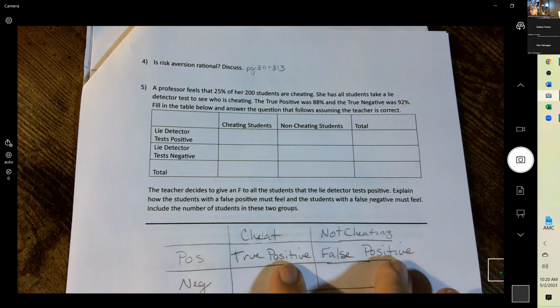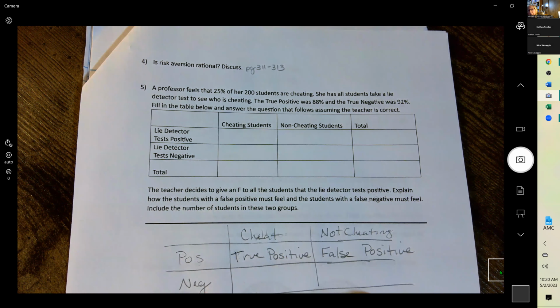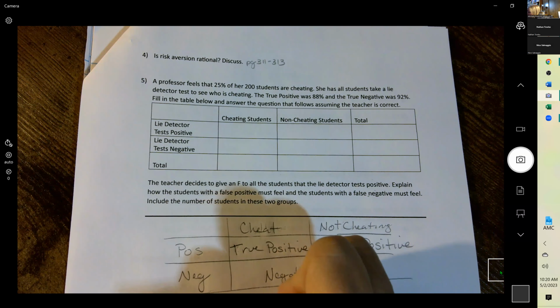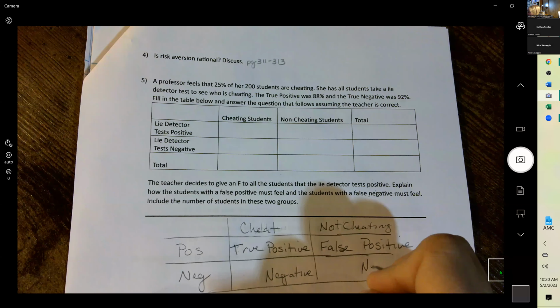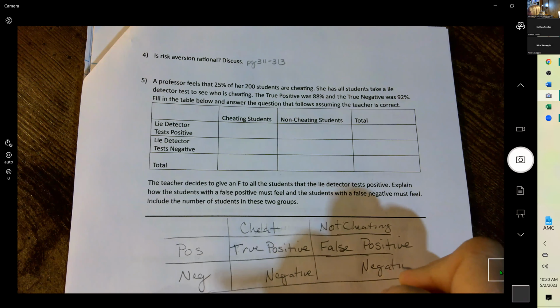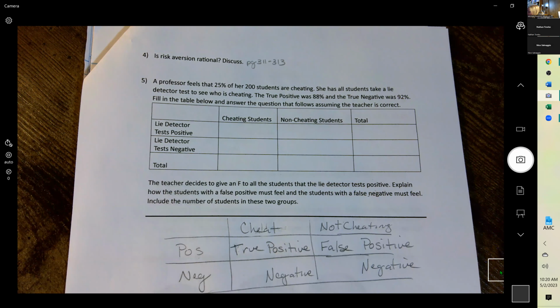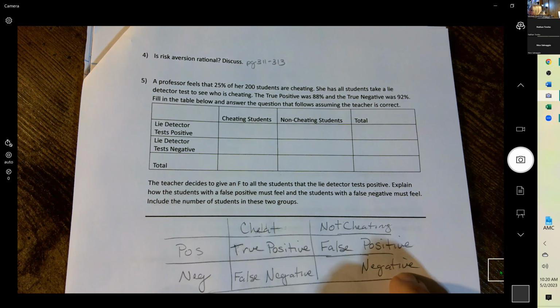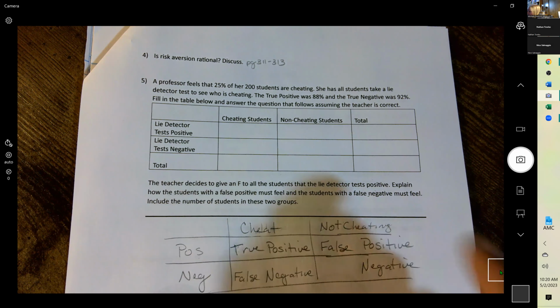So the positives go across and the negatives. You tested negative, but you cheat. Well, then that would be wrong, so it would be false. You tested negative and you don't cheat, which would be correct. That's a true.